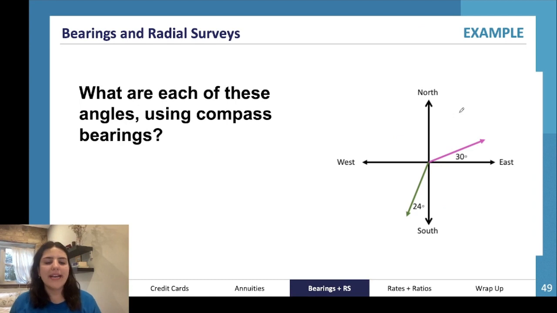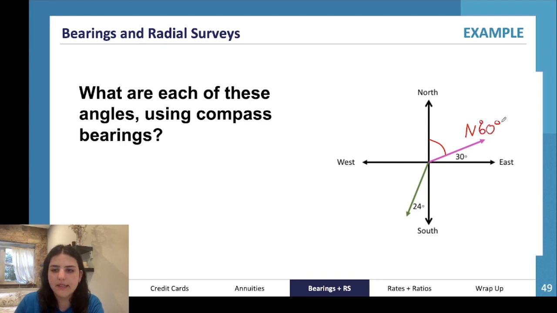All right, so what are each of these angles using compass bearings? How would we work these out? Well, this pink line is definitely north, and if that is 30 degrees, then this must be 60 degrees away from the east. So it'll be north 60 degrees east. Then this line is definitely south. I take that all back.